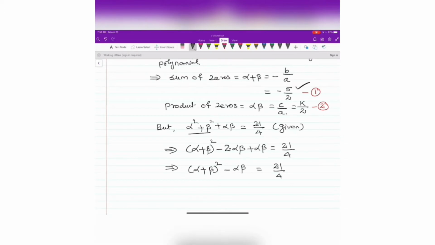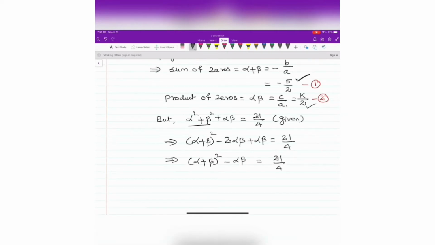You know the value of alpha plus beta, which is nothing but minus 5 by 2, and you also know the value of alpha beta, which is k by 2. So let us substitute over here. This is minus 5 by 2 the whole square minus k by 2 is equal to 21 by 4.